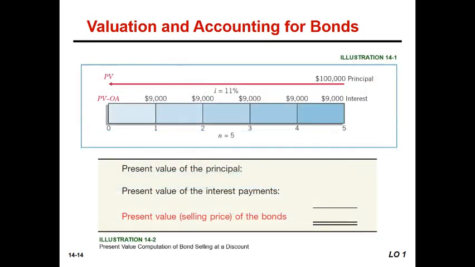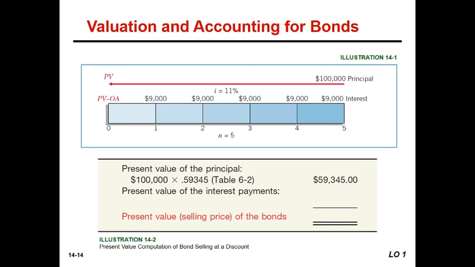So let's start with the present value of the principal because we have these two different aspects, right? We have the regular interest payments that will occur, and then we have the lump sum payment at the end. Starting with the present value of the principal, we calculate that, and it's table 6.2 in your book.